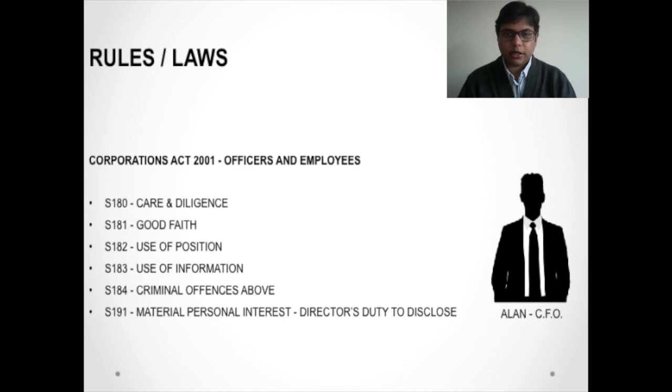Section 183, must not make any wrong use of the confidential information of the company. Section 184 deals with the criminal offenses for violation of the above. And Section 191, the company officers or directors must not have any personal material interest in the company affairs.